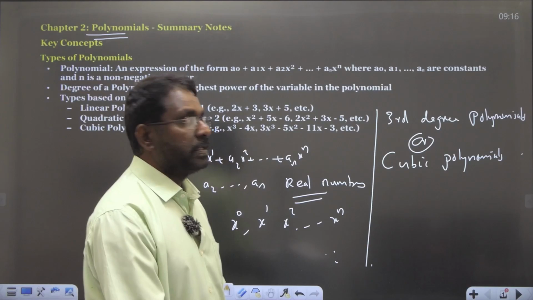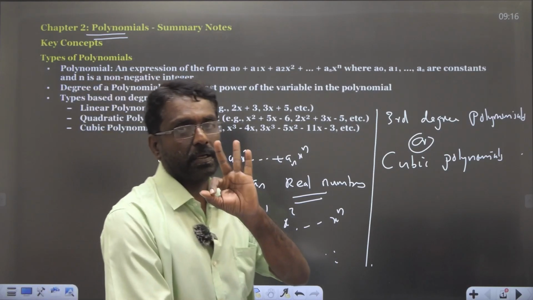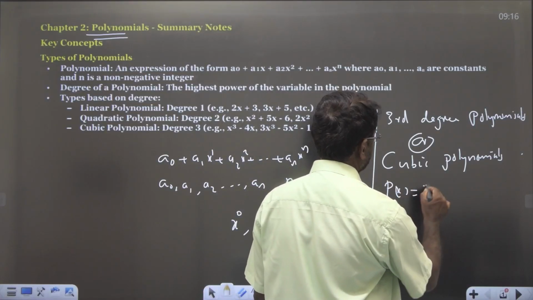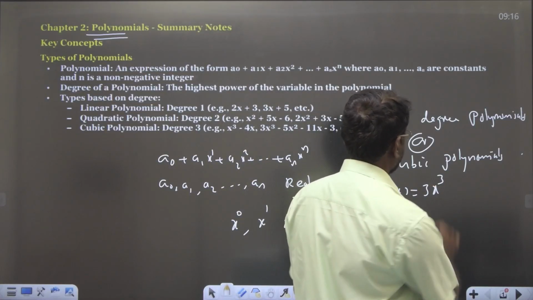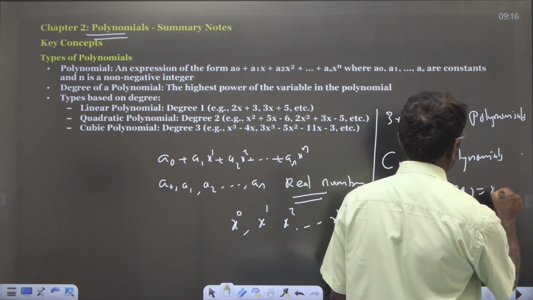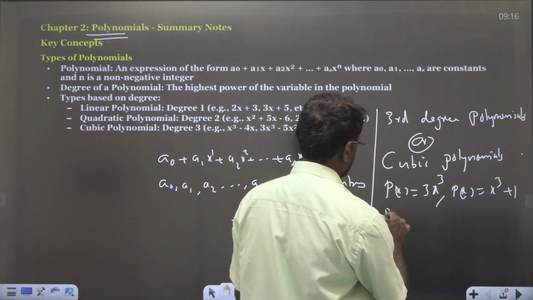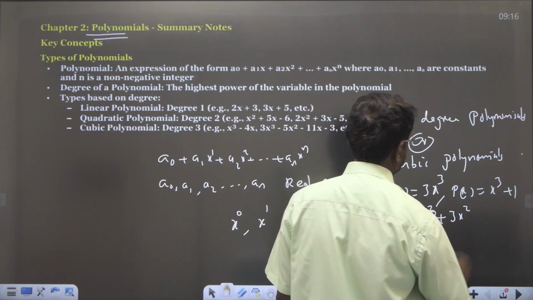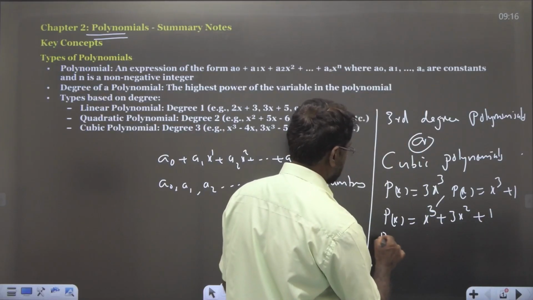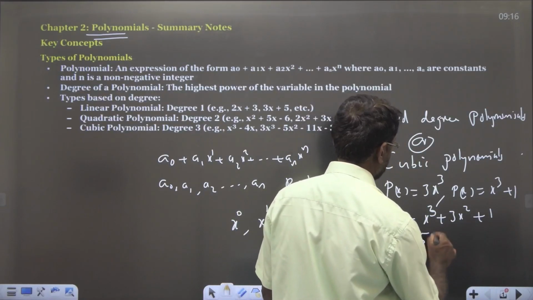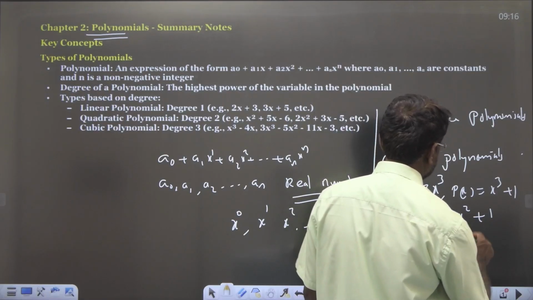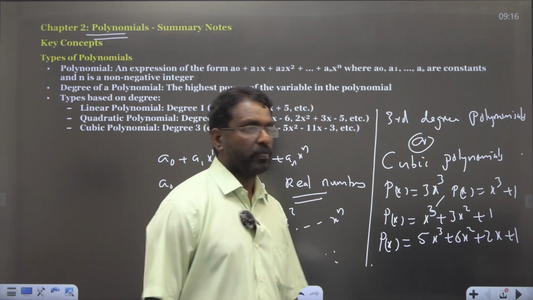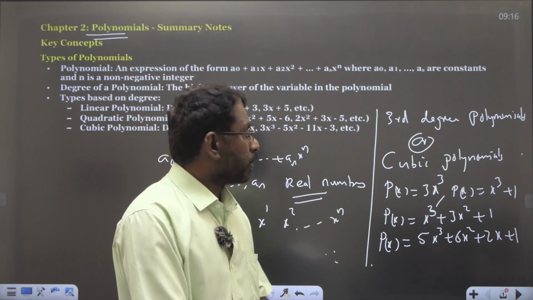Here the highest power is 3. For example, p of x is equal to 3x cube, or p of x is equal to x cube plus 1, or p of x equal to x cube plus 3x square plus 1, or p of x equal to 5x cube plus 6x square plus 2x plus 1. These are some examples of third degree or cubic polynomials.